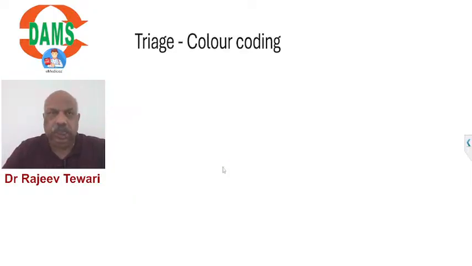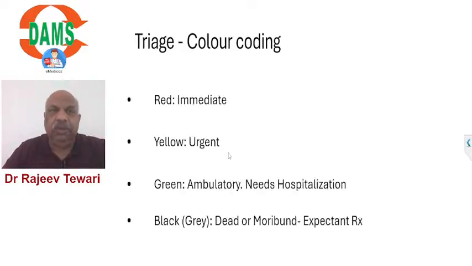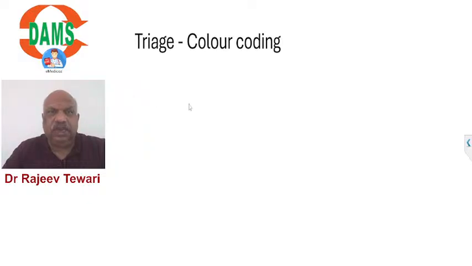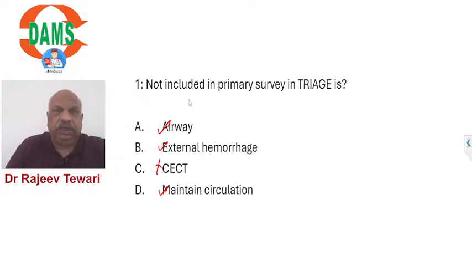So, first thing that you need to know about trauma, and I'm sure all of you know, is the color coding of triage. Red, which is immediate, yellow, urgent, green, ambulatory, and black is moribund, where we only go for expectant therapy. This they ask very frequently. CT is not a primary survey, CT can be an adjunct.